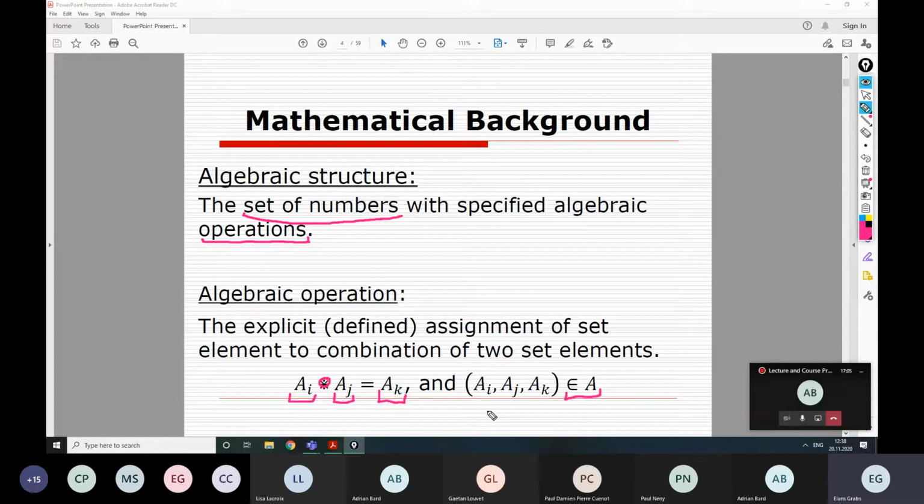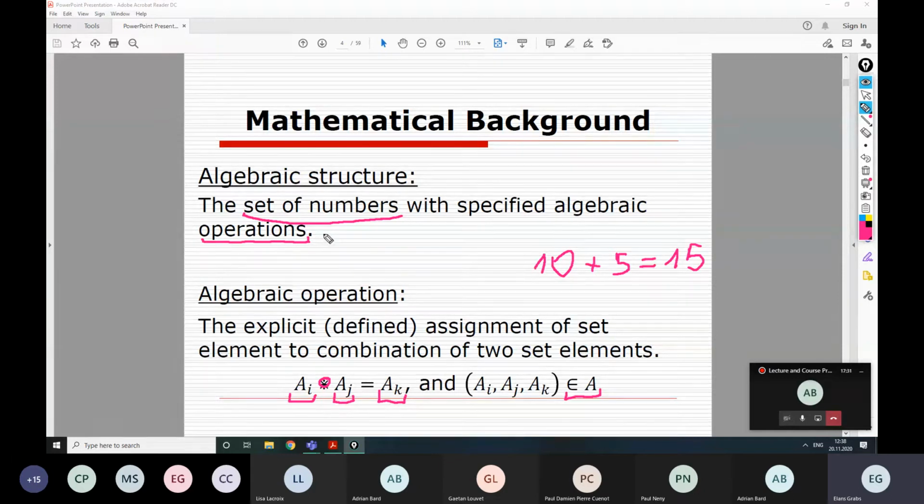This way, our algebraic operation doesn't leave the scope of our set. Yes, so for example, in real numbers we take two numbers, 10 and 5. We add them together and we get number 15, which also belongs to the set of the real numbers. This works in a similar way for other structures as well.